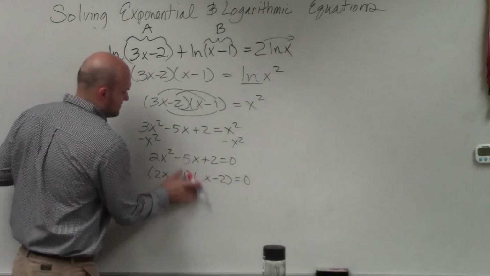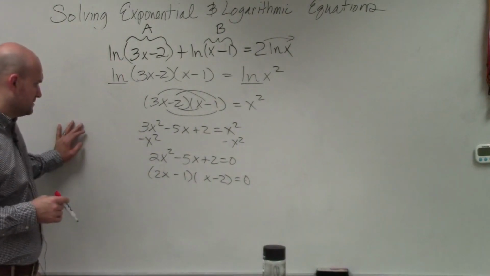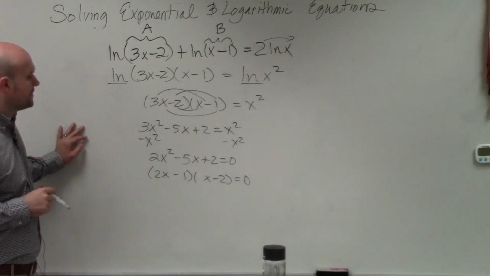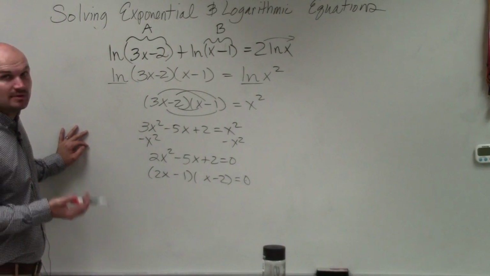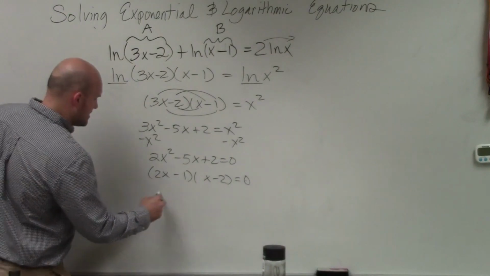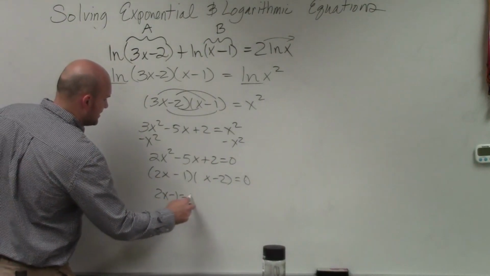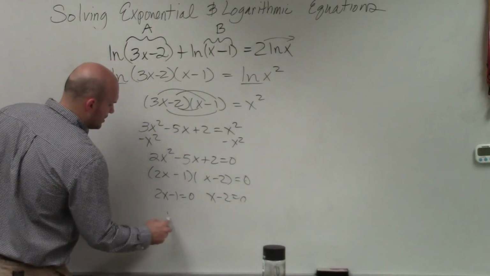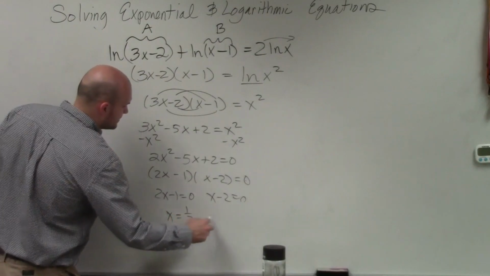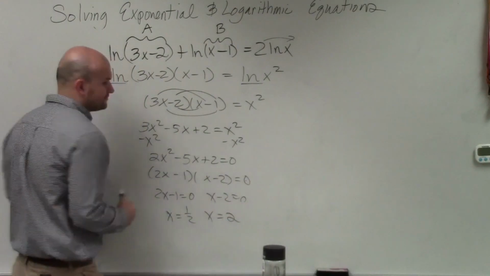It's x minus 2, that's right. Yes, there we go. Now, the reason why we like factoring is because now we can apply the zero product property. So I can say 2x minus 1 equals 0, and x minus 2 equals 0. Therefore, x equals 1/2, and x equals positive 2.